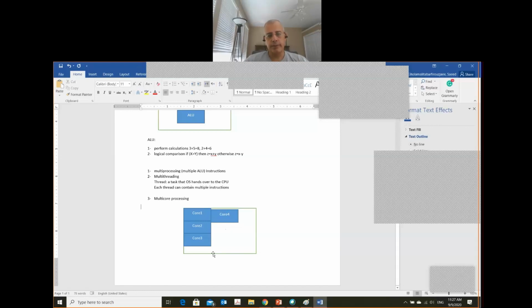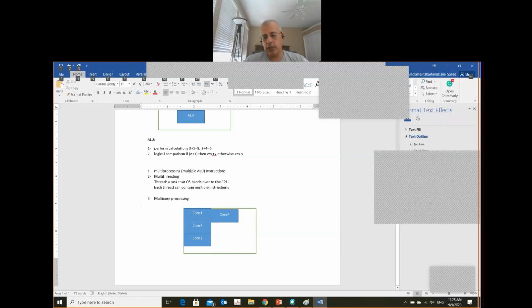Each core can process multiple threads. Each thread contains multiple instructions. So this way, we increase the performance of the CPU. This is called multi-core processing.